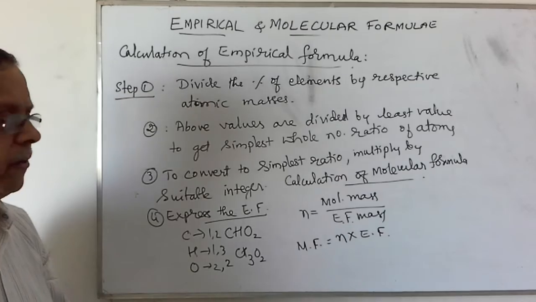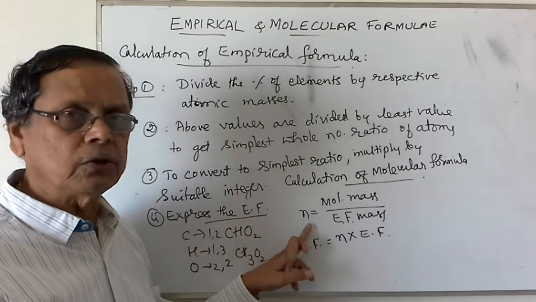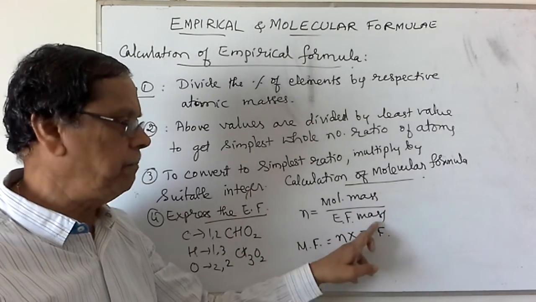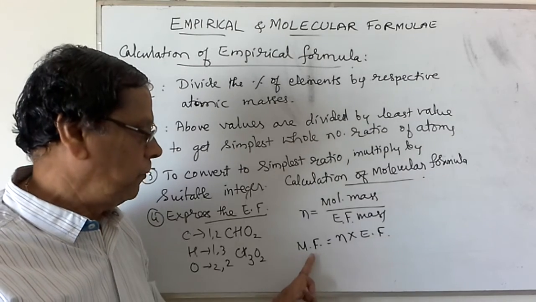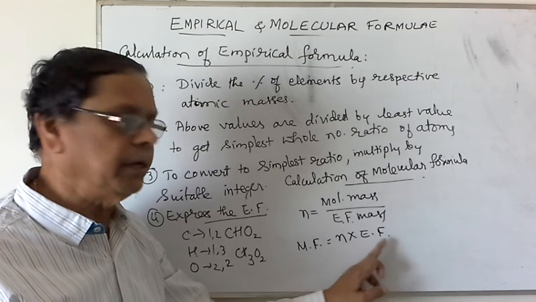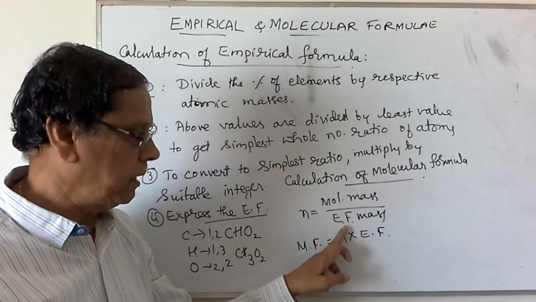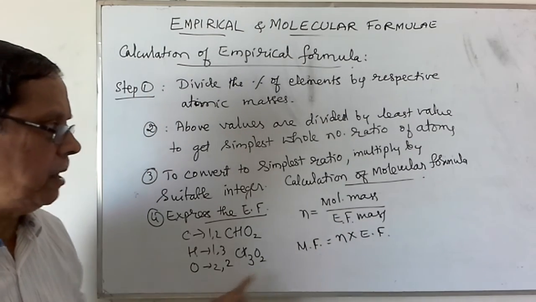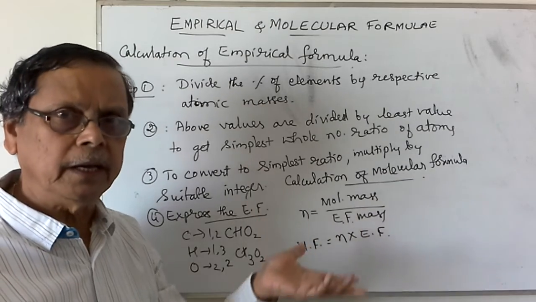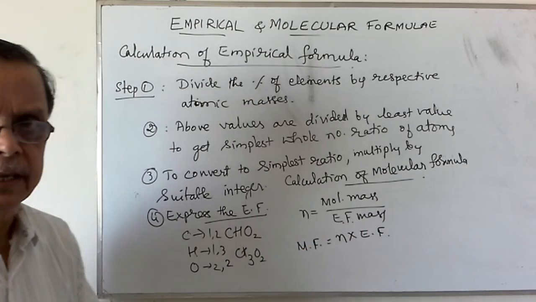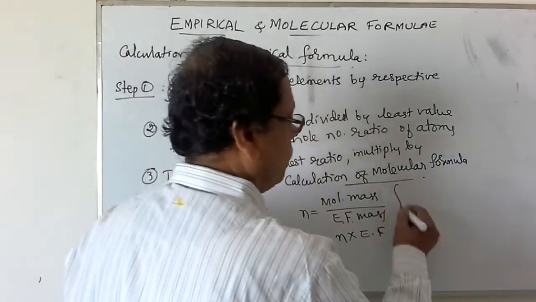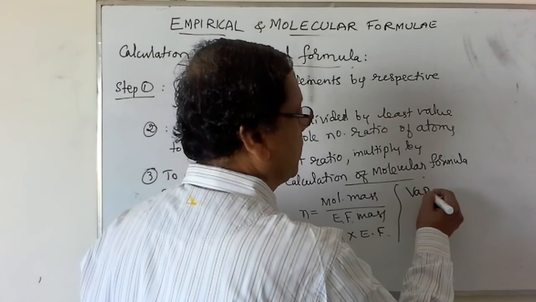To calculate the molecular formula, take n equal to molecular mass divided by empirical formula mass, where molecular formula is equal to n into empirical formula. So this empirical formula mass is obtained from the empirical formula, and molecular mass is obtained from various other information. In some cases, they will give this vapor density.